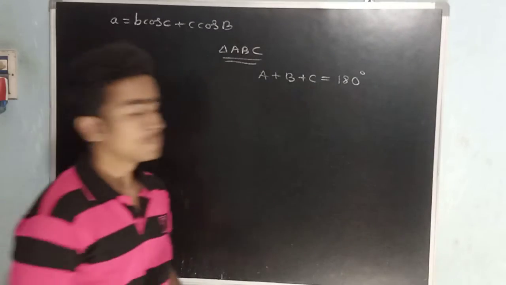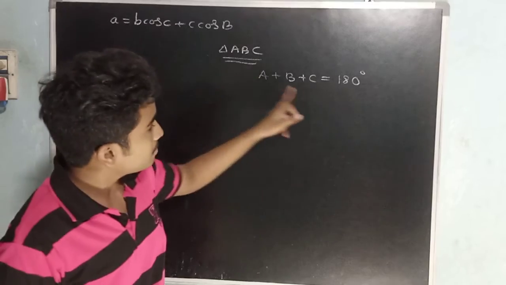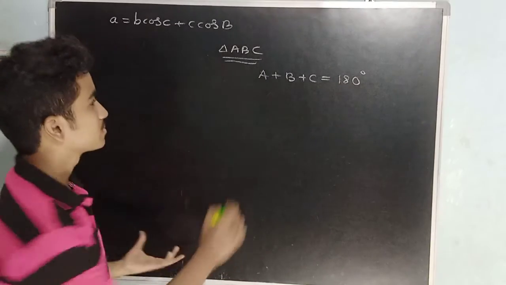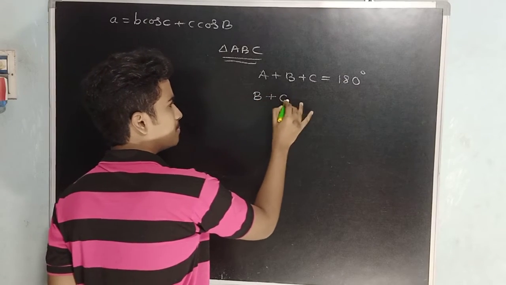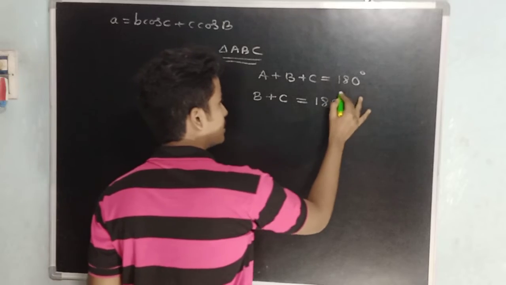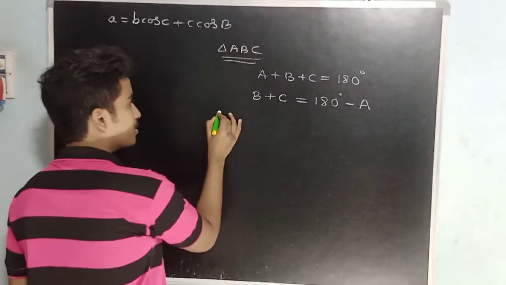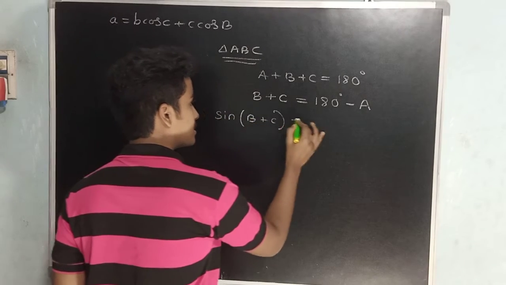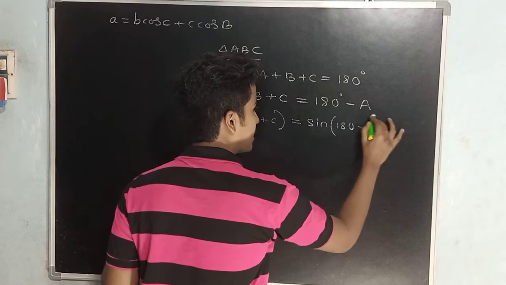Angle sum property, you have discussed in your lower classes. Sum of angles in a triangle is nothing but 180. What I am going to do is take B plus C as 180 degrees minus A. Now I am going to apply sine: sine of B plus C is equal to sine of 180 minus A.